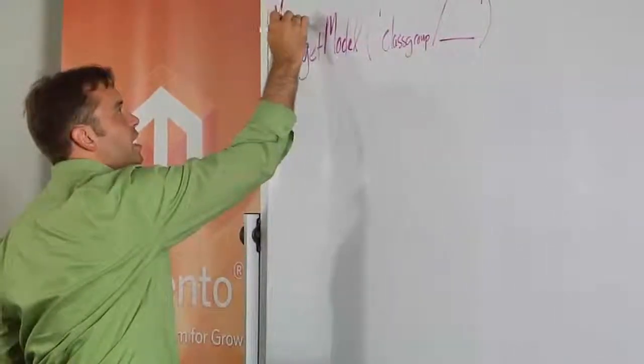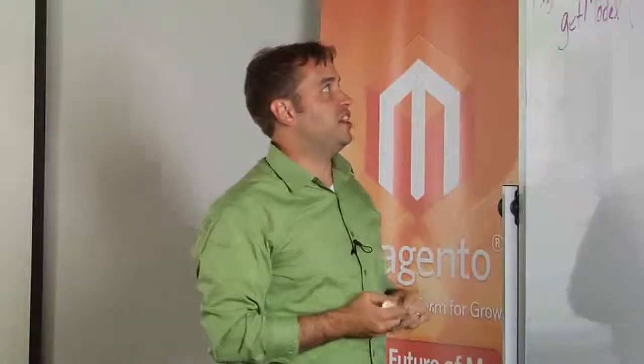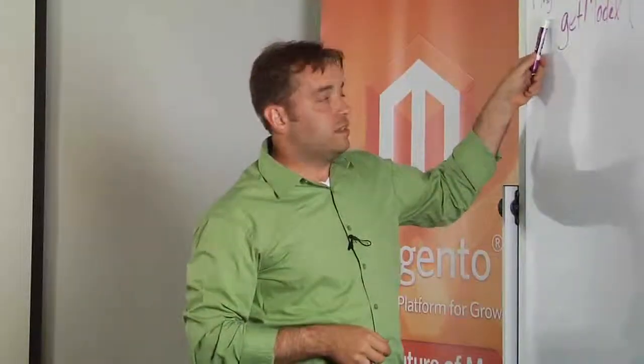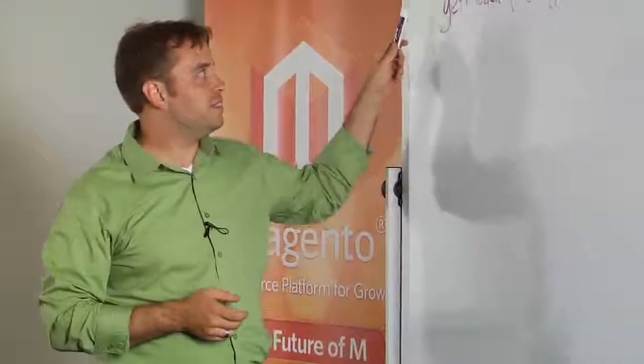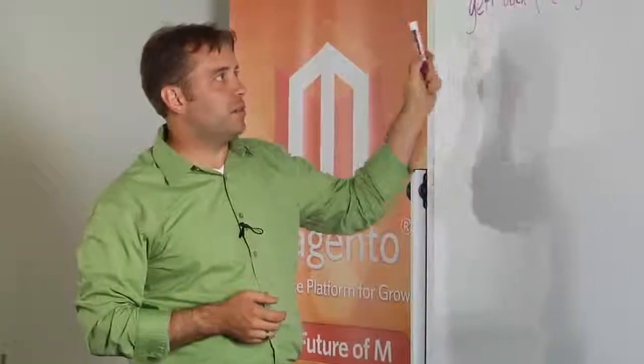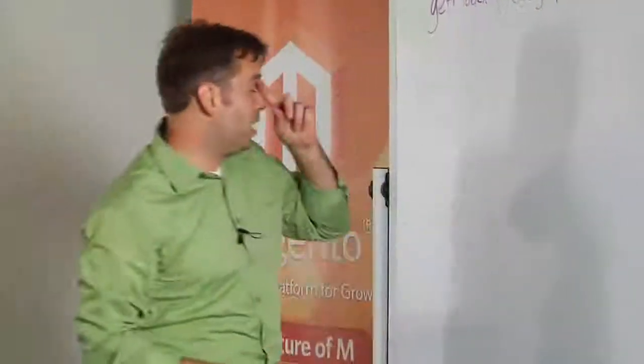So these are all static method calls, which is why we use the double colon. That's real PHP cocktail party stuff. In Hebrew, I think it's called Paamayim Nekudotayim. Mage get model, class group. So that's model.